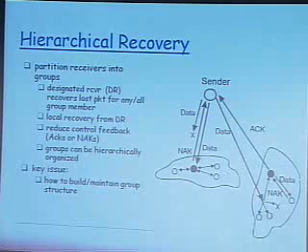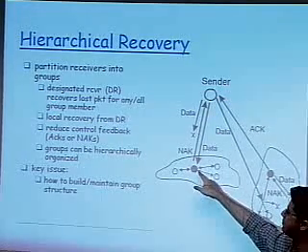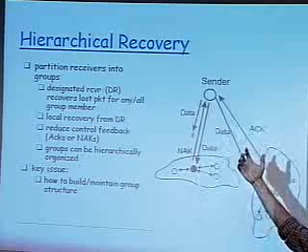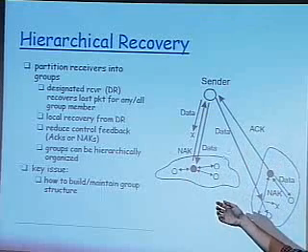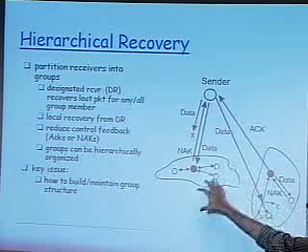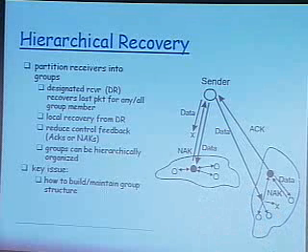So either the designated receiver will have the lost packet, or if it doesn't have it, it can send the repair request upstream. And you can do it hierarchically. You can have multiple layers of these smaller groups.